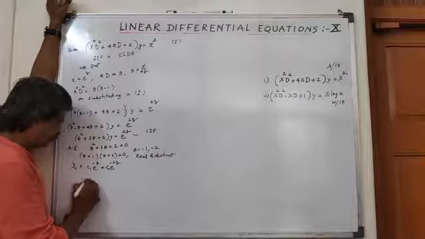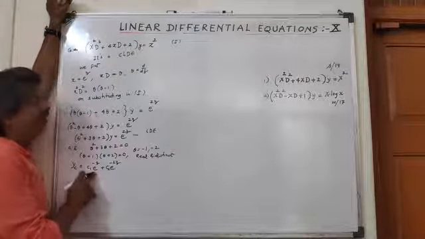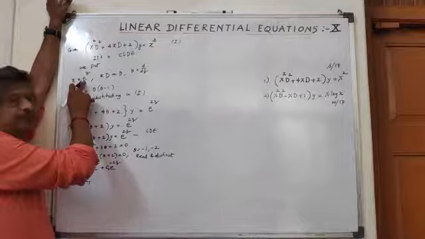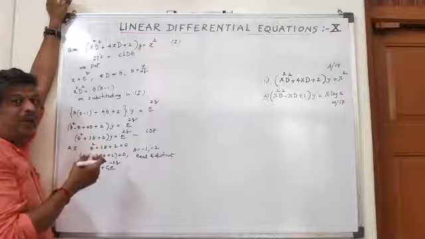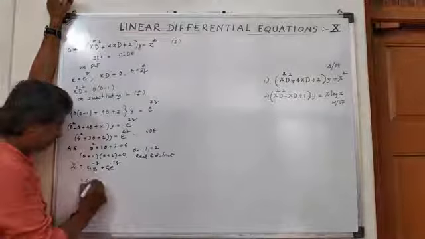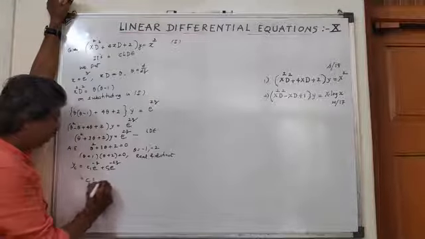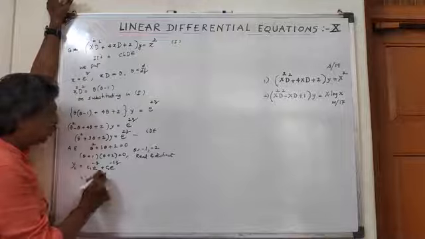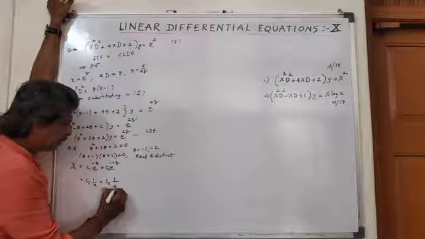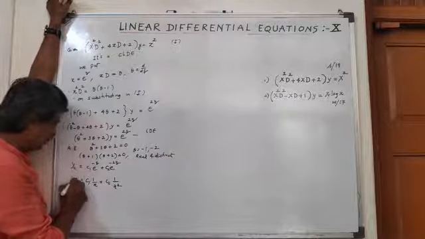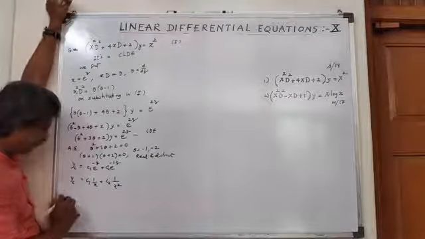Now what is e raised to power minus z? x is e raised to power z, so e raised to power minus z is 1 by x, the reciprocal. Plus c2 into e raised to power minus 2z, which is 1 by x square. So this is yc.